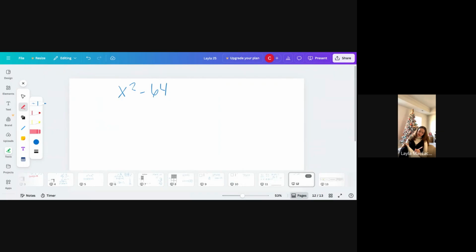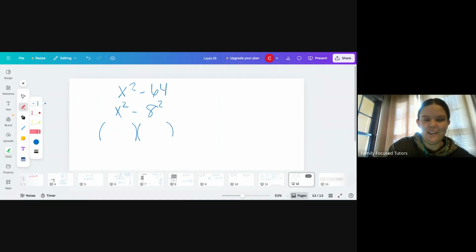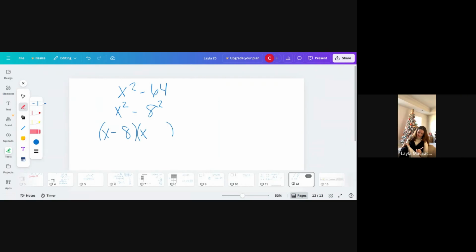This one is x squared minus 8 squared. Okay. My factors are x minus 8 times x plus 8. Great. This one checks out also.